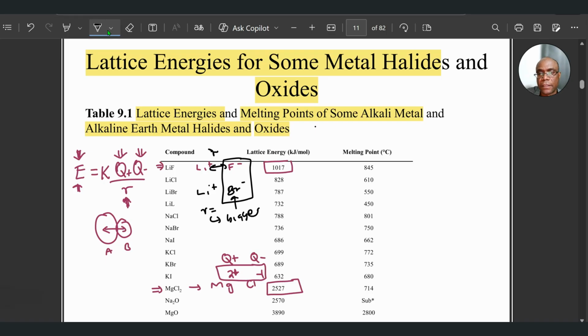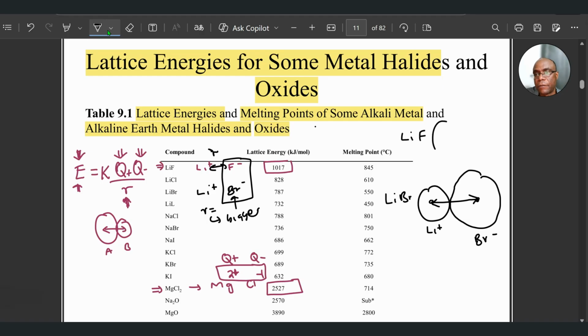Let's say this is lithium bromide. Let's say this is Li plus, and this is your bromine right here, the bromide. So the internuclear distance is going to be bigger compared to lithium fluoride, where the fluorine is smaller.